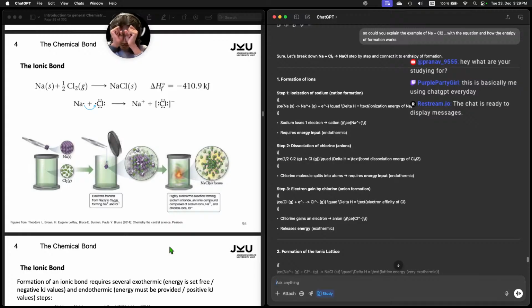Come on, why is it exothermic? Sodium loses an electron, chlorine gains an electron and becomes ions. So the breaking of the chlorine bond, is that what makes it exothermic? I guess.